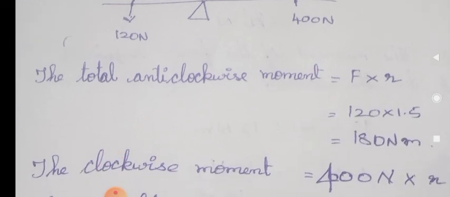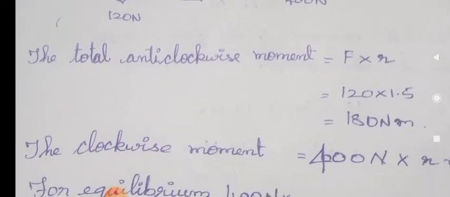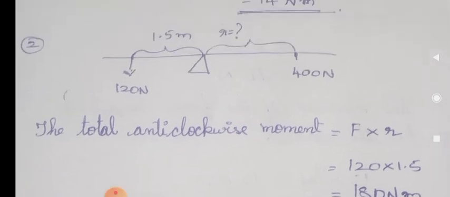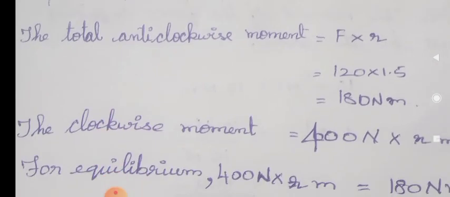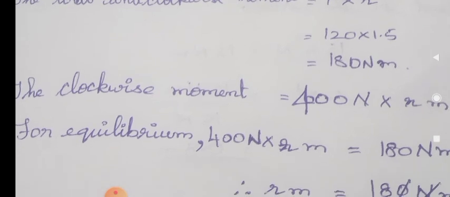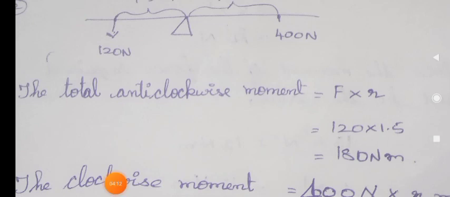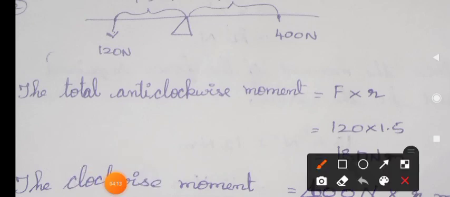So what is the force given there? 120, and what about the distance? 1.5 meter. So when you multiply the both, you will get the answer 180 Newton meter. Did you understand this? So we have calculated the moment for the child, that is the anti-clockwise moment.